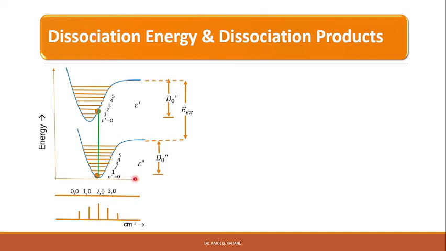And thus if we know Exe from atomic spectroscopy and D0 prime from the Birge-Spooner extrapolation, and if we can measure the energy of the 0-0 transition directly, by calculation from the observed energy levels, we can get the value of D0 double prime.